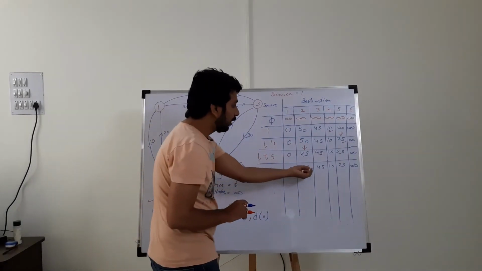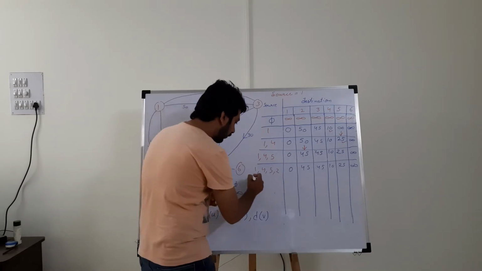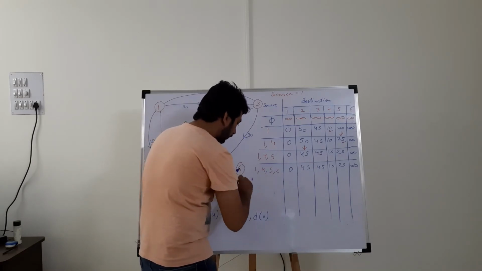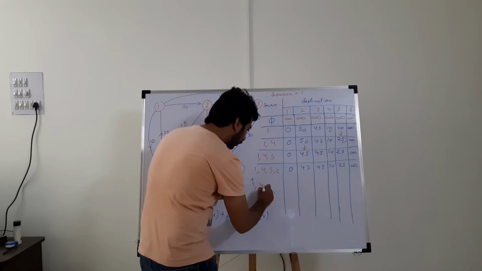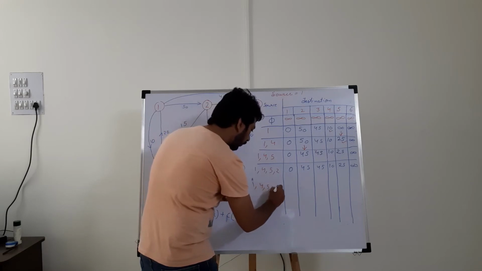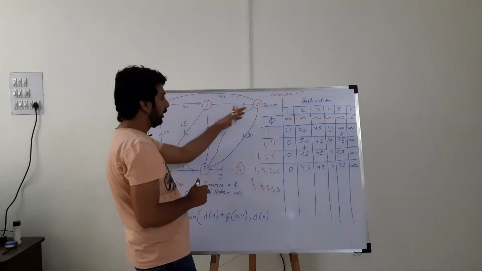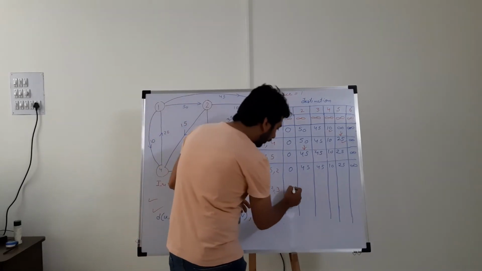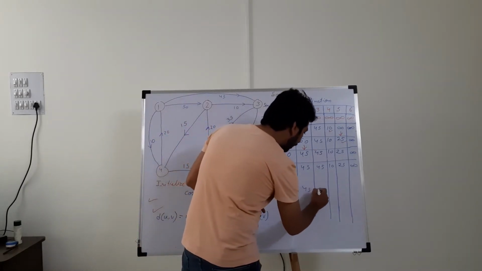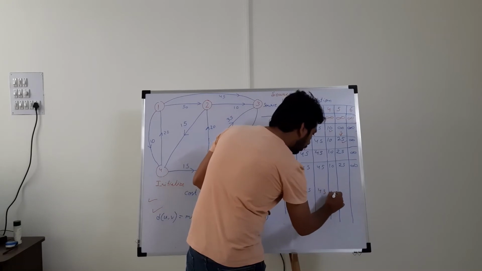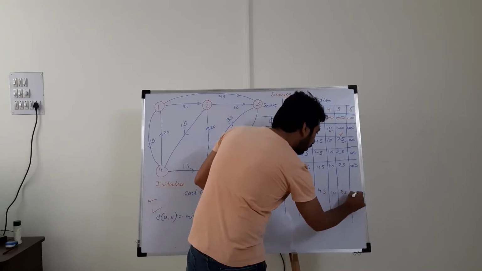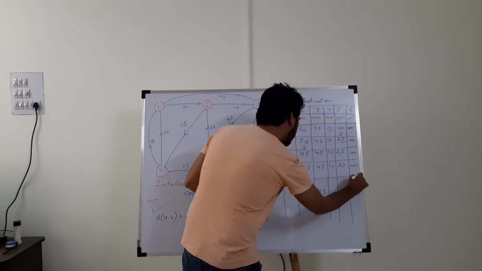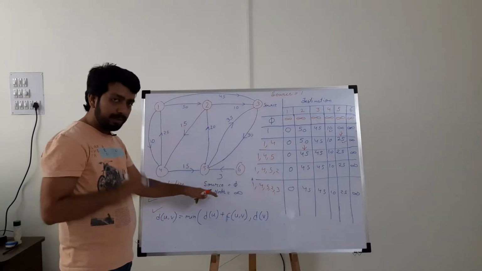Now remaining node is only 3, so we will add 3: 1, 4, 5, 2, 3, and 3 is directly connected. Nothing will be changed now because we already added all the nodes. 6 is not connected with anyone.